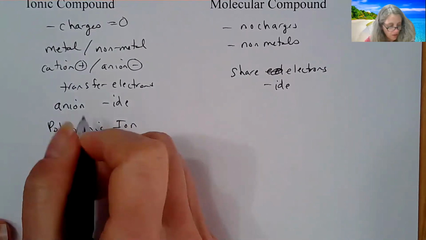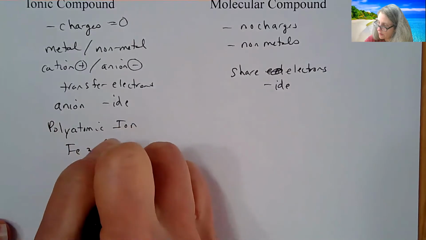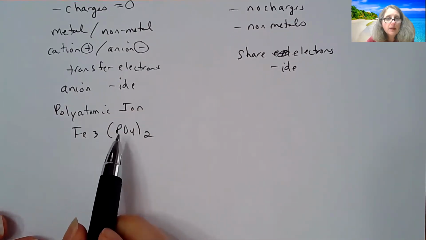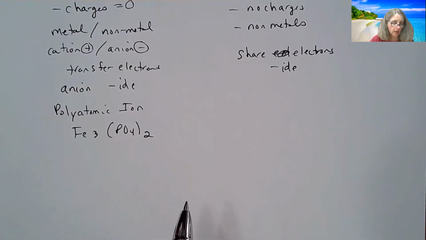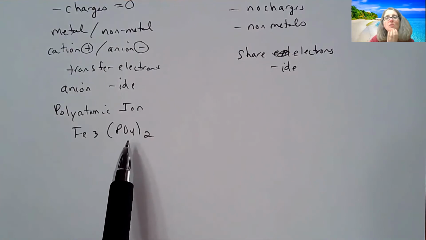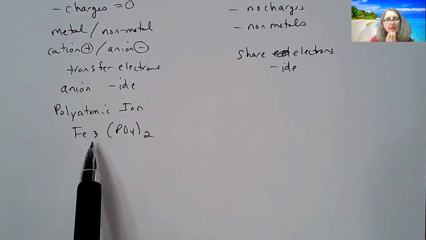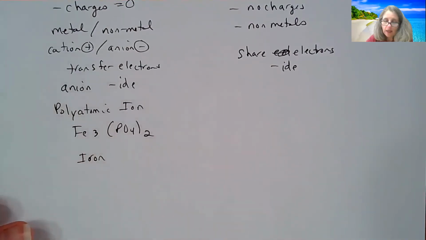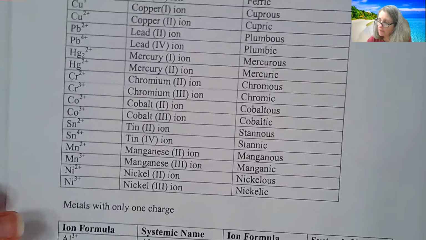The example I like to always show you is this one: Fe3(PO4)2. You should recognize this as containing a polyatomic ion because you have more than 2 elements attached together, and you've got a 3 down here and a 2. Well, iron can be either a +2 or a +3.